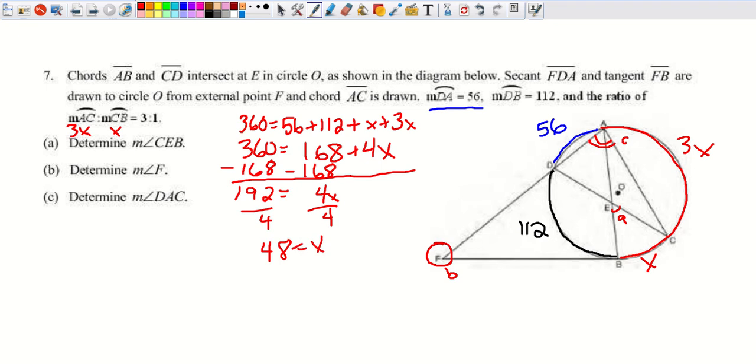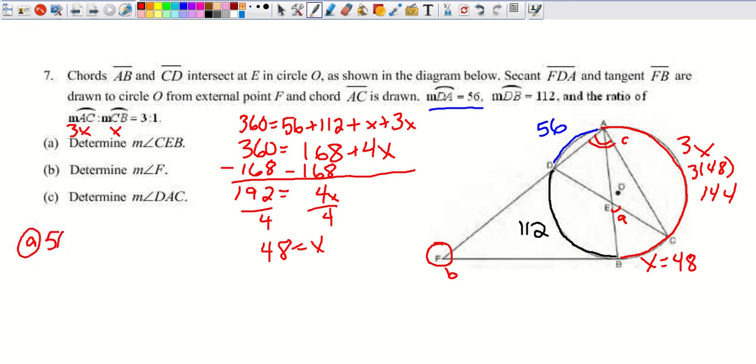And so now I know that this arc is 48, and this arc is 3 times 48, which is 144. Okay. And now I can answer all the questions. So for A, determine the measure of angle CEB. We're going to want to do the average there. So for A, we're doing the average.